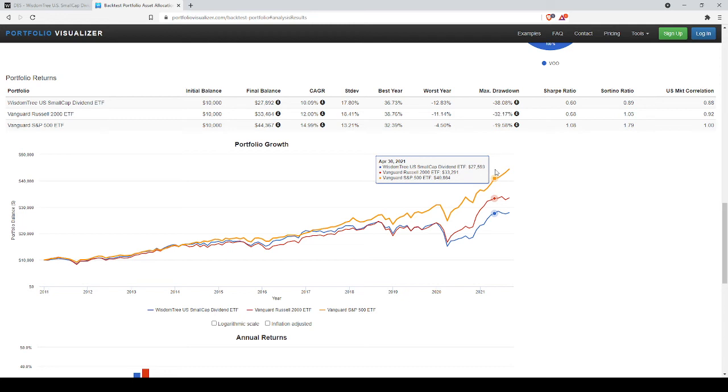So keep that in mind. This isn't probably going to grow as well as the Russell 2000 does over an extremely long period of time, but we can see that in some periods, for example, a 9-year period, it's going to do about the same as it. So just, again, keep that in mind.